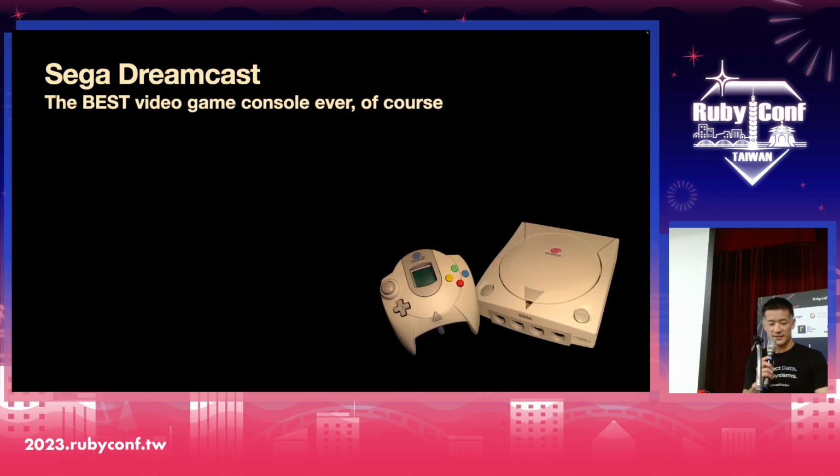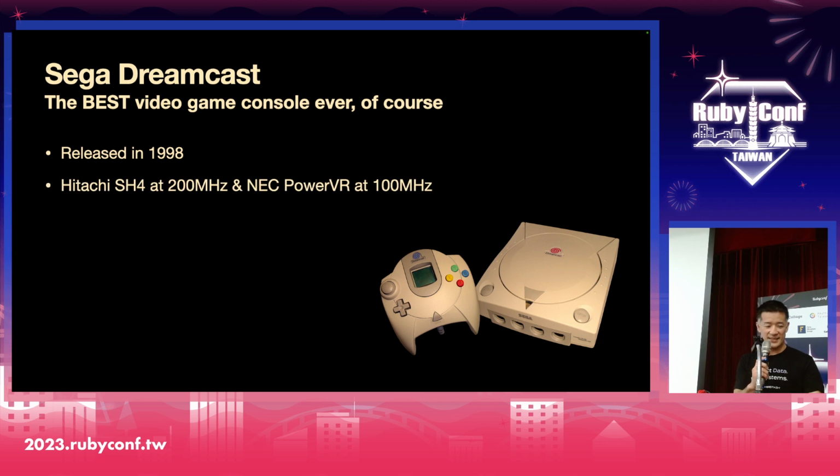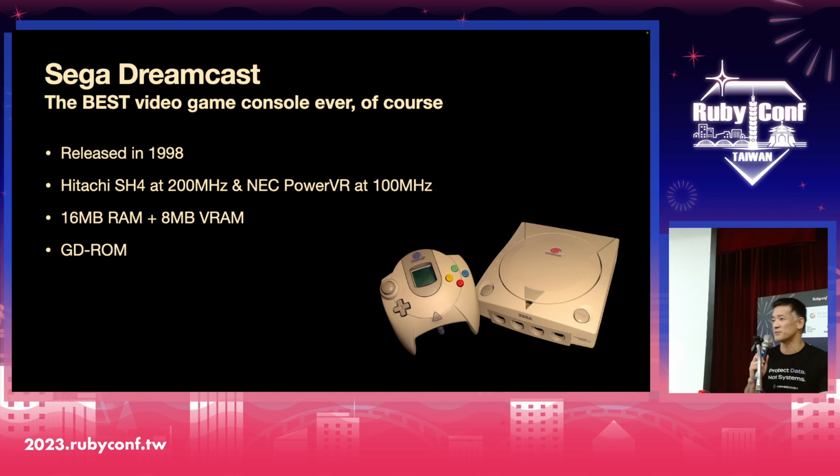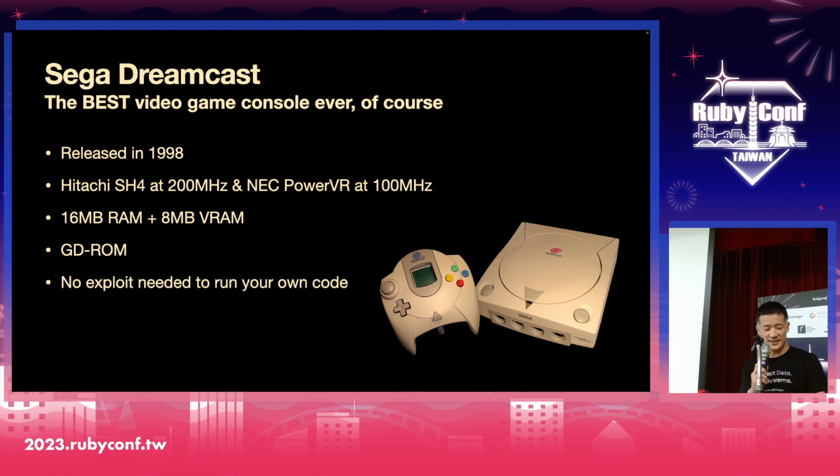And Sega Dreamcast. Well, I really like Sega Dreamcast for many reasons, and I believe it's the best video game console, but that's my personal opinion. It was a video game console released in 1998 and features Hitachi SH4 at 200 megahertz and 16 megabytes of main RAM. And the disk drive it comes with is called GD-ROM drive, which is like a higher density CD, which allows you to store about a gigabyte of data.